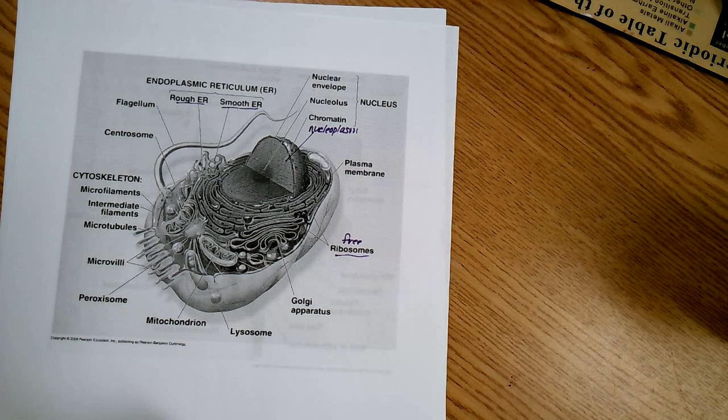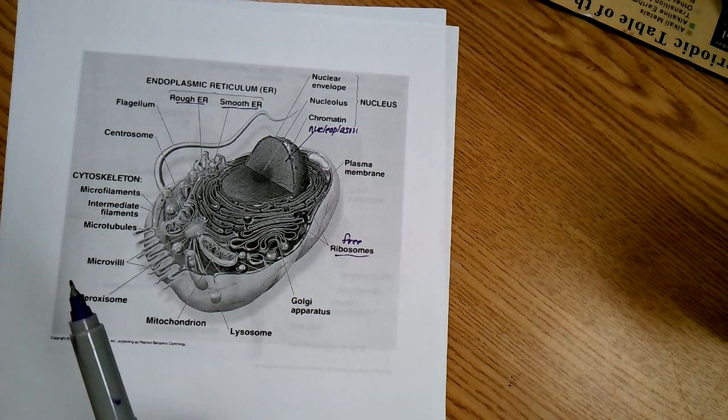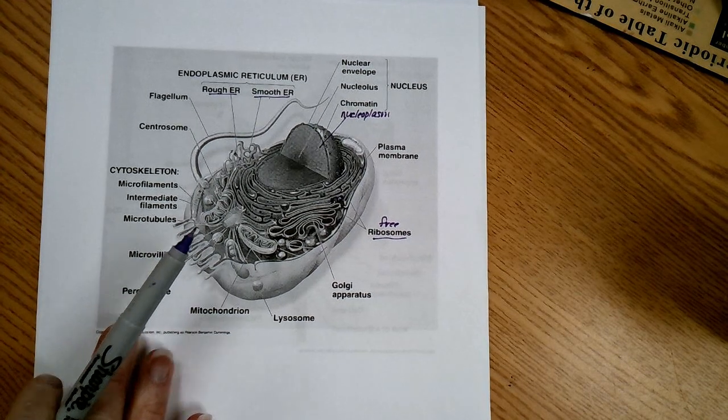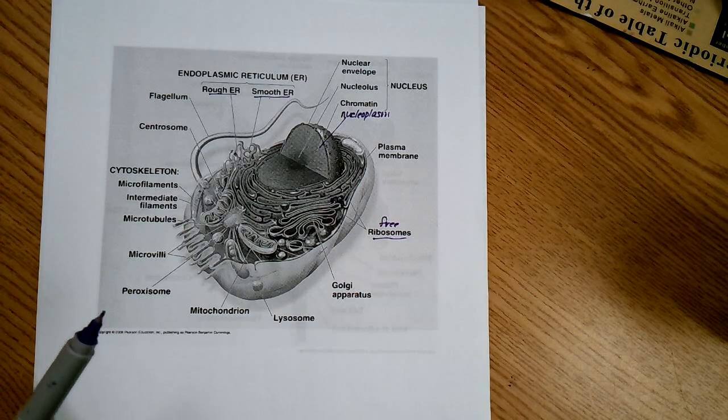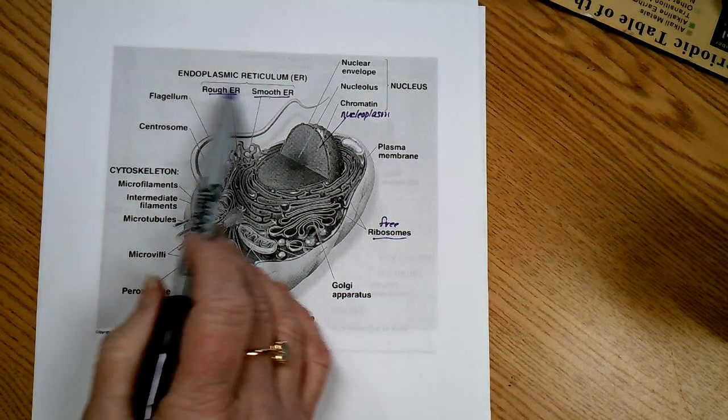It takes a long time to put that in there, and it takes a long time to break it down too. So your tolerance for alcohol can remain at a very high level. The key is not to build all that. You don't want to have a high tolerance to drugs or alcohol because it's not good for the body. Okay. So moving on, that's our smooth and rough ER.